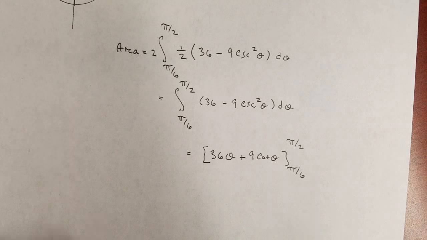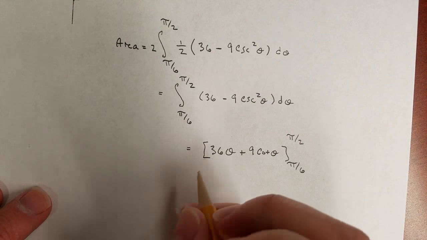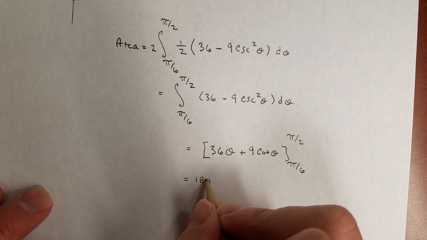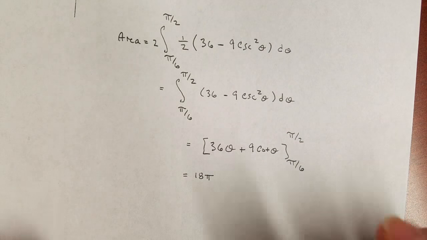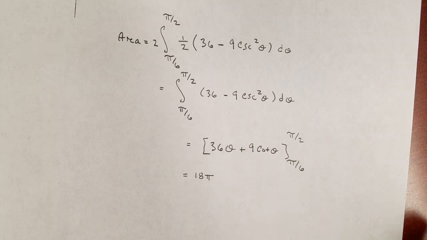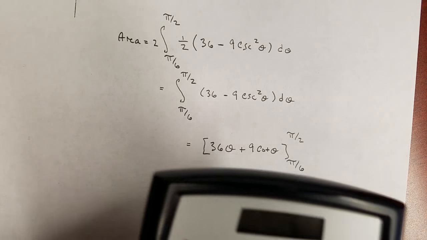All right, so here we go. The first part's not so hard. I get 18 pi. But what's cotangent of pi over 2? Well, we might think that cotangent is 1 over tangent, and so we feel inclined to do 1 over tangent of 90.